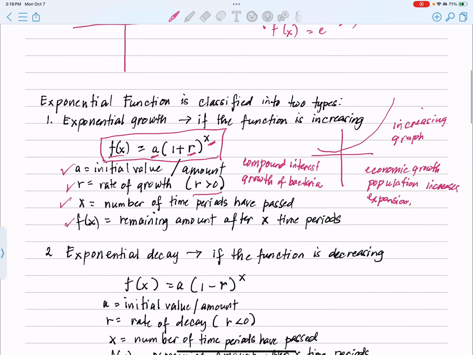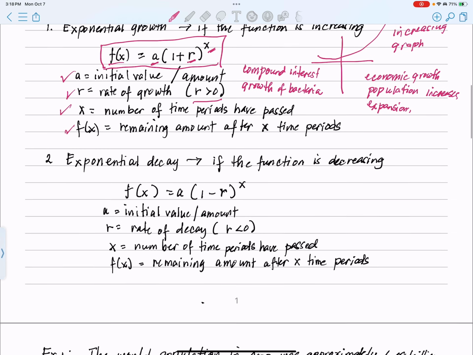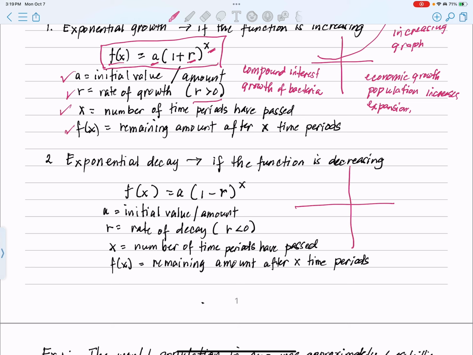Let's do the second type, which is the exponential decay. That is, the function is decreasing. That is, the quantity decreases very rapidly at first, then fades gradually. So we see something like this in a graph. Okay, you can see that it is decreasing.